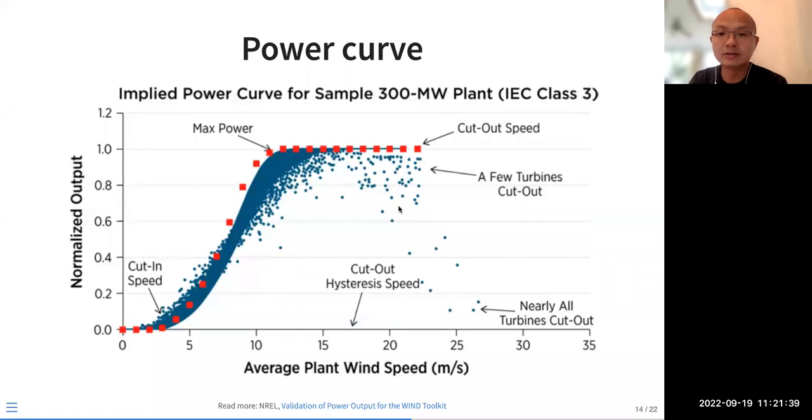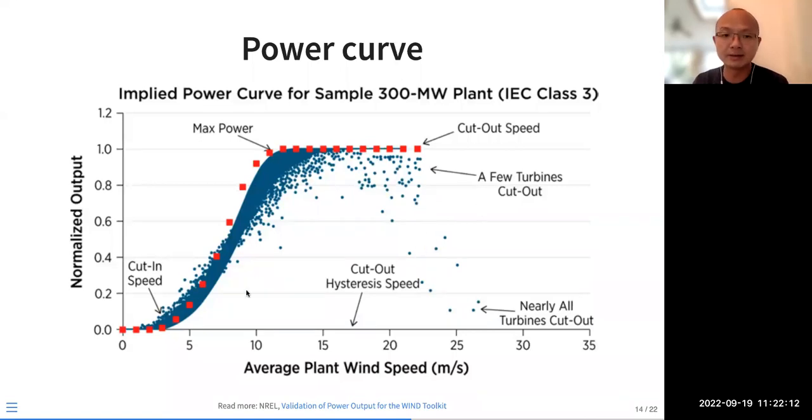And those other dots, because there are many such turbines in the wind farm, each dot shows the actual cut-in speed and actual cut-out speed, and it shows the distribution. But those show the theoretical power curve, and in the real world it might diverge from the theoretical, but this gives you a sense.